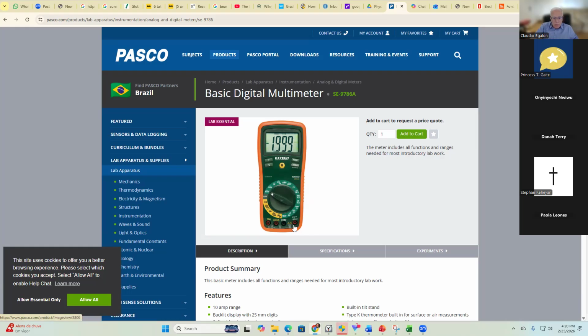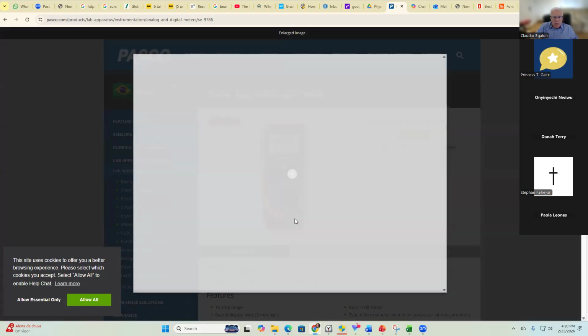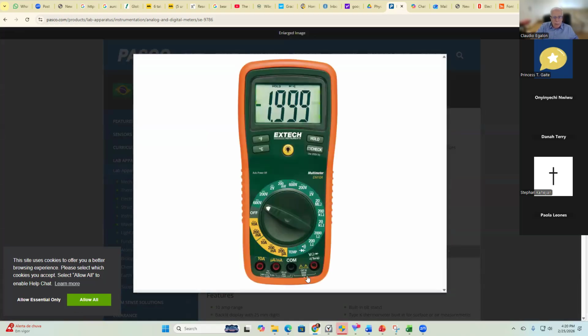Look at the terminals here. Red terminal for the positive, black terminal for the negative. This black terminal and red terminal are used to measure voltage, resistance, and other stuff, temperature as well. These two other red terminals that you see right in here are for measuring current.